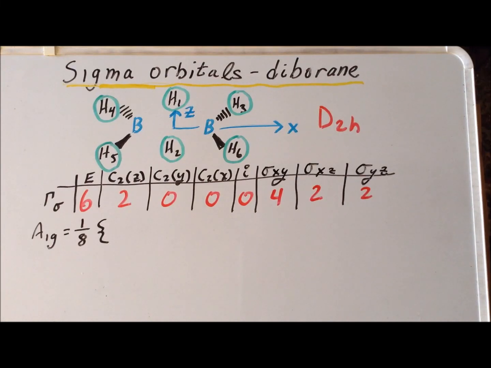The point group D2H, the point group of diborane, is an interesting group, at least for the following reason. We notice that we have 8 classes in the point group, and that each class has one and only one symmetry operation. So while there are 8 classes in the group, there are also 8 operations.